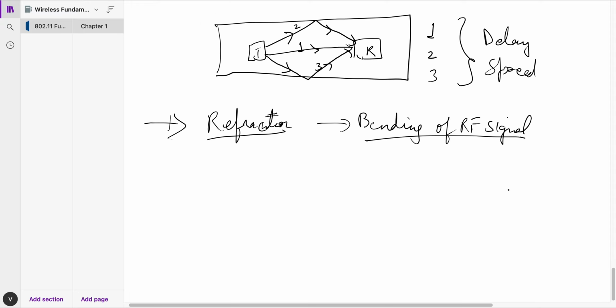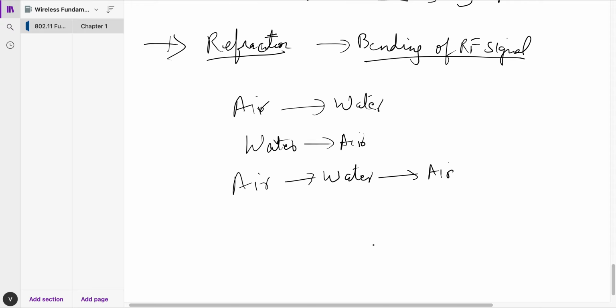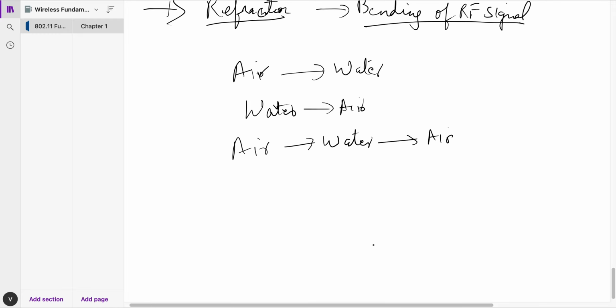How this works is, whenever an RF signal passes from one medium to the other, which means it is passing from air to water, or from water to air, or goes from air to water and then out to air again, there is a bending of the RF signal that is happening.